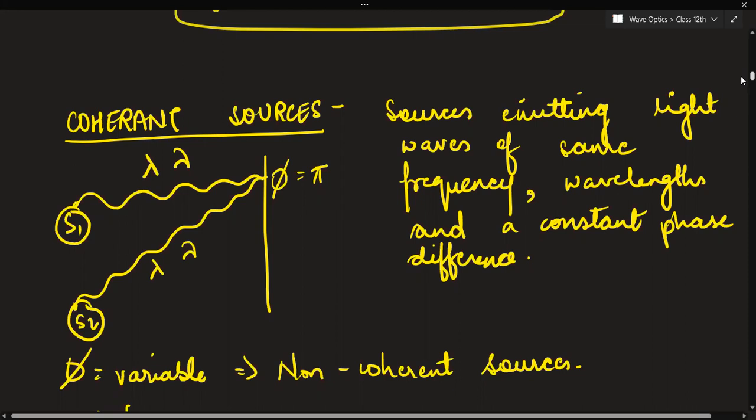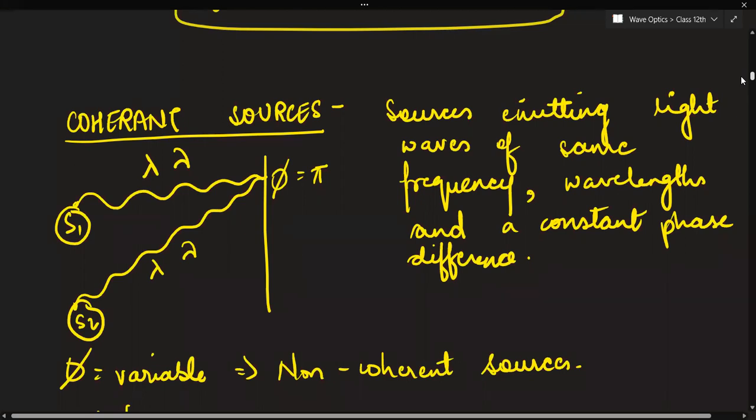Let's say the angle is 360 degrees, 2 pi. So the phase difference between both the waves will throughout remain 2 pi only. Phase difference won't change with the passage of time. That is what coherent sources are.